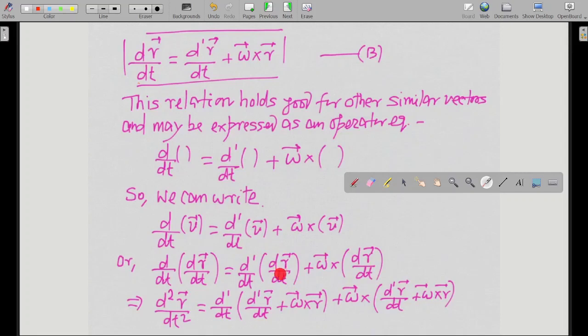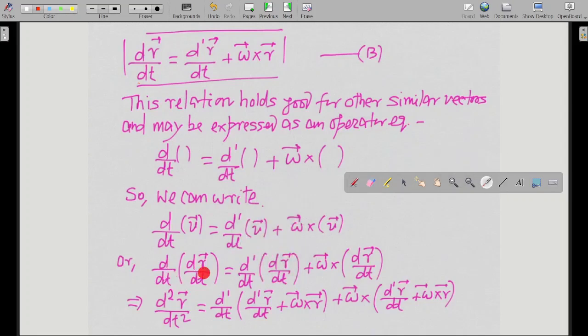Why should it not be d dash r by dt over here? Because we are substituting the v vector, and this v vector is with respect to the frame S. So that's why dr by dt will come over here, not d dash r by dt. So you must remember this thing.